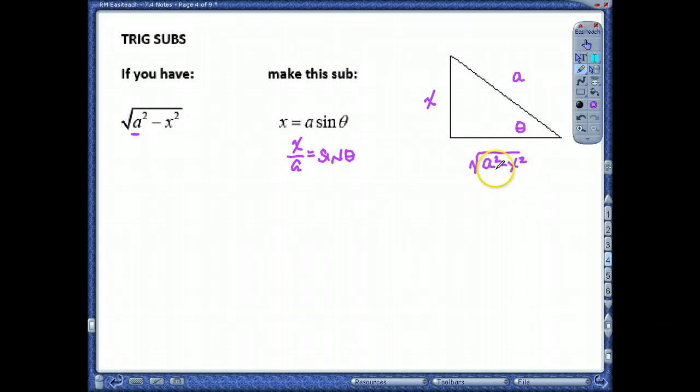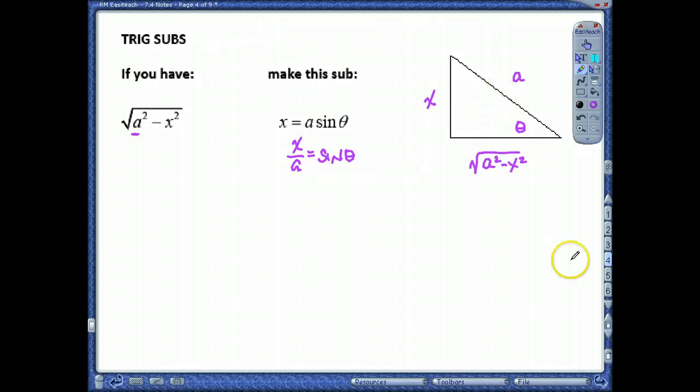Doesn't that missing side look familiar? By looking at what we have underneath the radical, we think about which inverse trig function it looks like, and we set up a regular trig substitution, not an inverse one. It looked like arc sine, so we use sine, and we make up our little triangle.